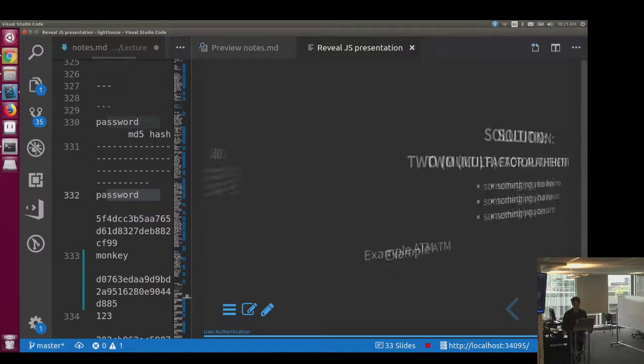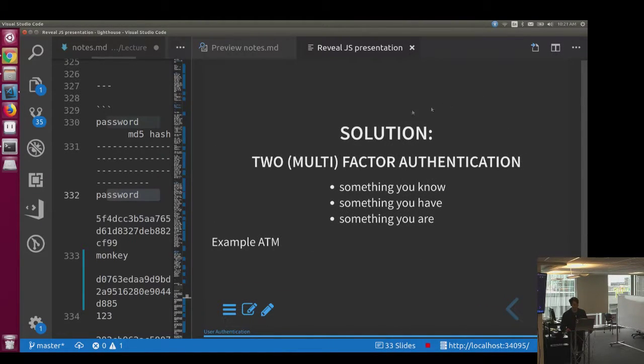Yeah. So two-factor or multi-factor authentication. Two-factor authentication or multi-factor authentication is the idea that you're using multiple factors to prove who you are. And the different factors aren't just additional pieces of information.